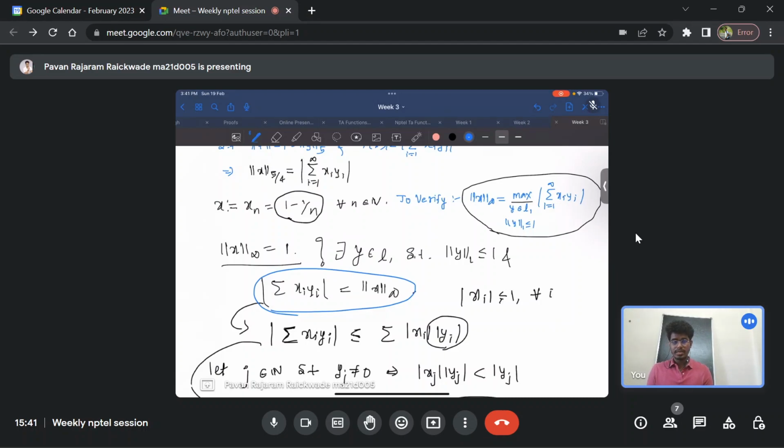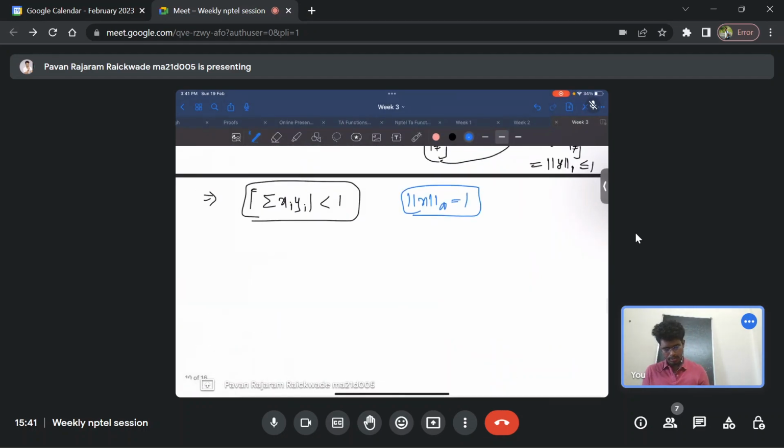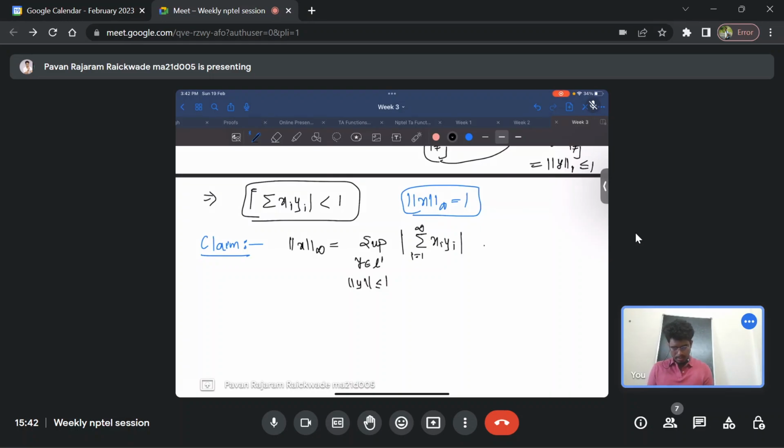But you can say something more. You can say the supremum. If you replace the maximum by supremum, then the equality holds. So the claim is norm x infinity equals the supremum over all y belonging to L1, norm y less than or equal to 1, of the modulus of summation xi yi.